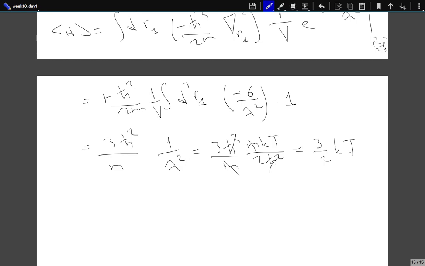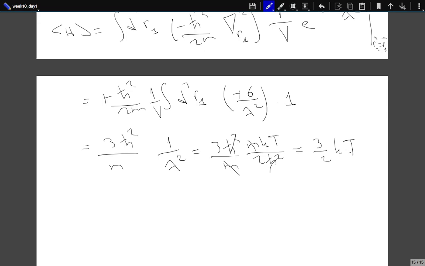For a single non-relativistic particle in 3 dimensions, the average energy just turns out to be 3 over 2 kT. So again, everything turns out to be consistent with what we had done before.